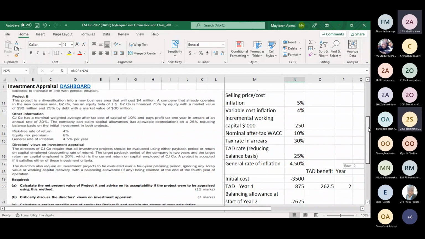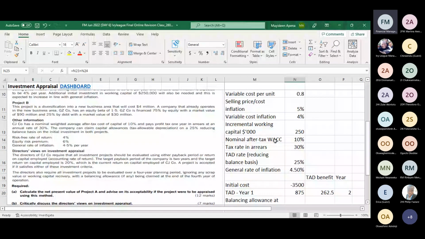In year 4. Okay, so where did we get to? Let's confirm. The last paragraph, directors' views on investment appraisal. The directors of CJCO require that all investment projects should be evaluated using either payback period or return on capital employed, and that return on capital employed is also known as accounting rate of return.